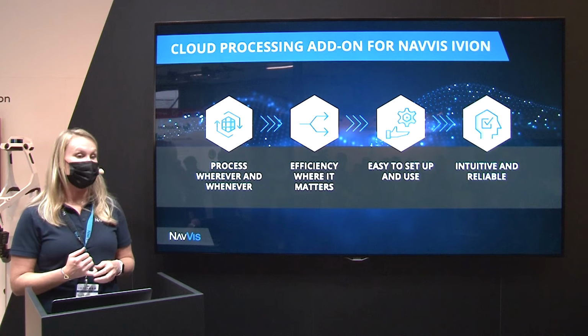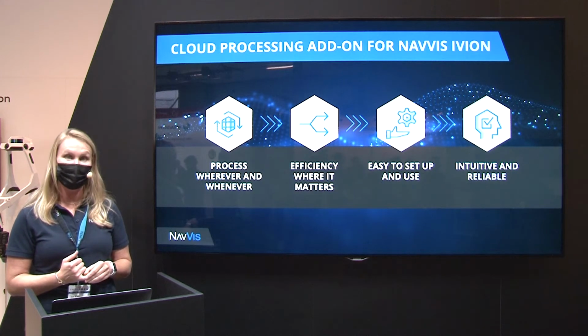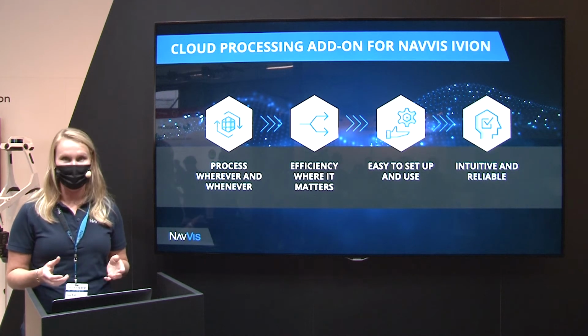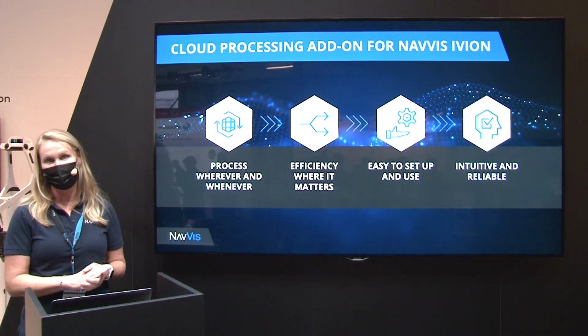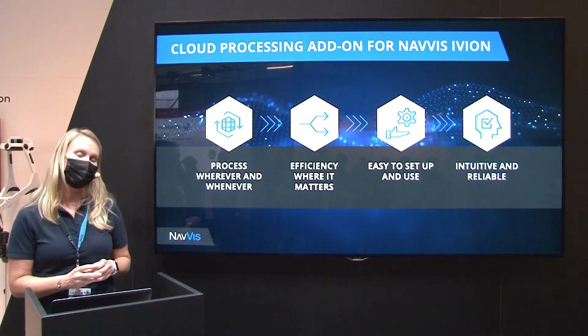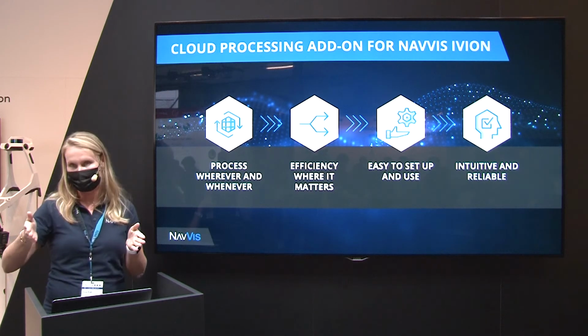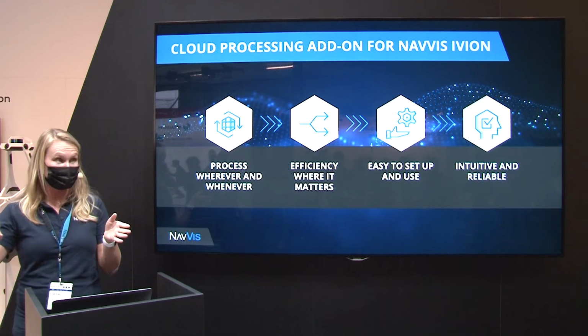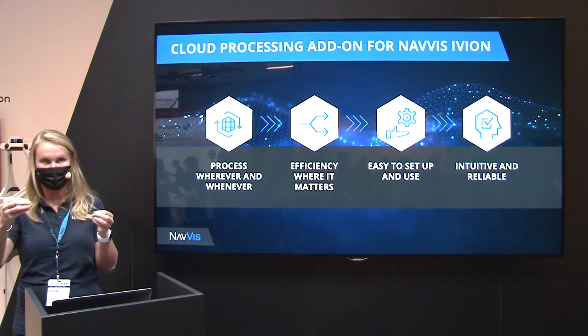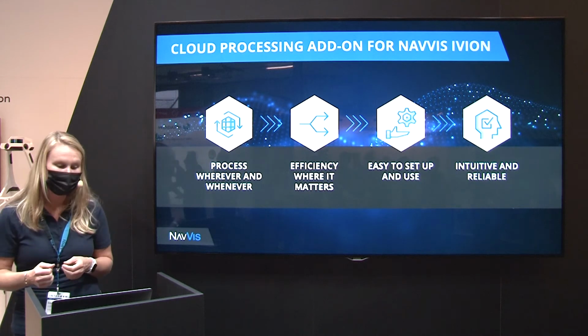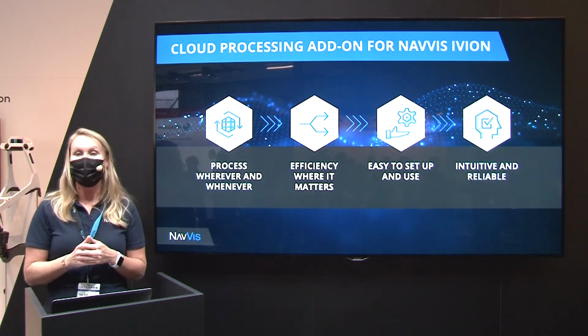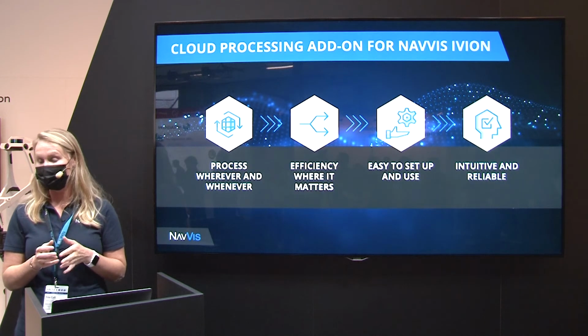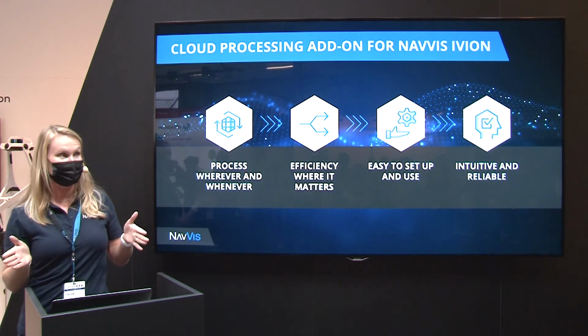Speaking of speed, the parallel processing that I mentioned earlier is a huge game changer for, I think, all post-processing software. Traditionally, post-processing happens in a sequential way, where each data set needs to be processed in a specific order, especially if you're using control points to make sure that all aligns together. With the cloud processing add-on, it will only ever take as long as your biggest data set takes.